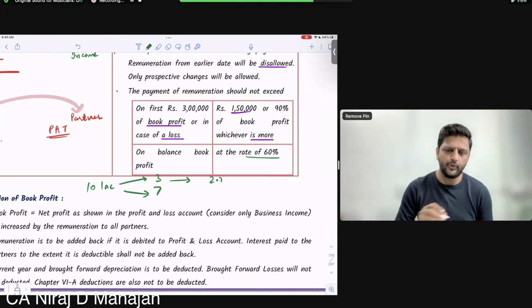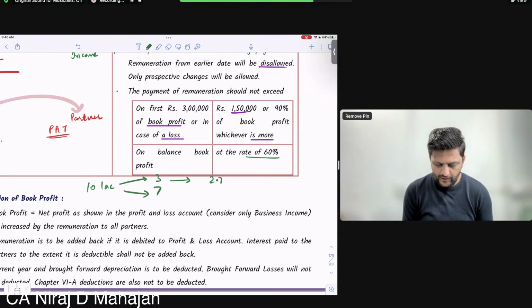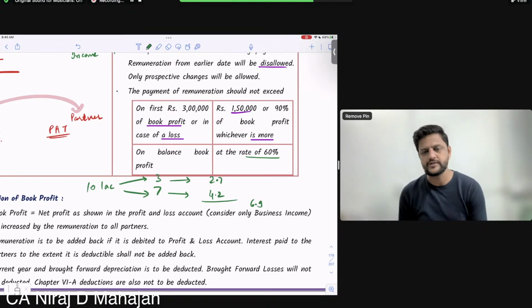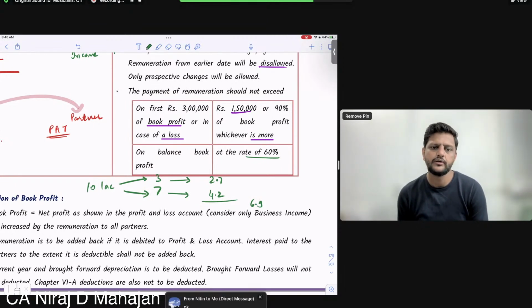So 1.5 or 2.7, whichever is higher, so 2.7. And on the balance at the rate of 60%, 7 is 42, so 4.2. This totals about 6.9 lakhs, the total maximum remuneration allowed. Understood, everybody? Sure?